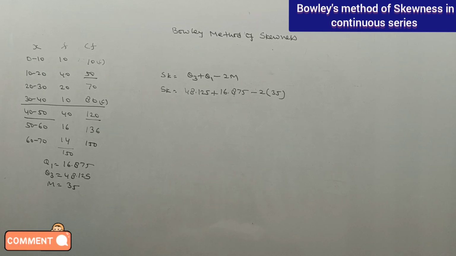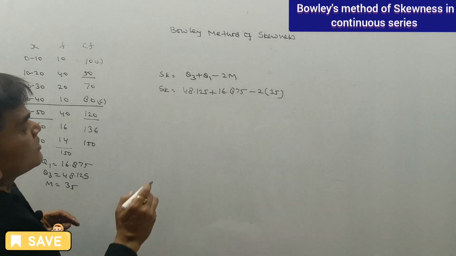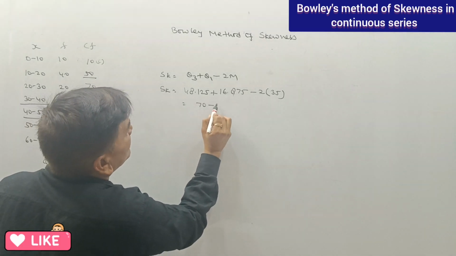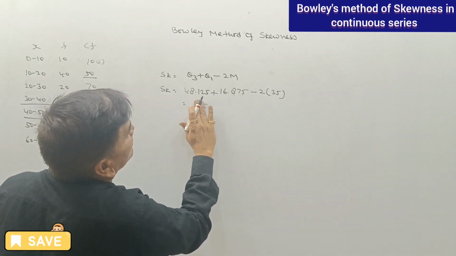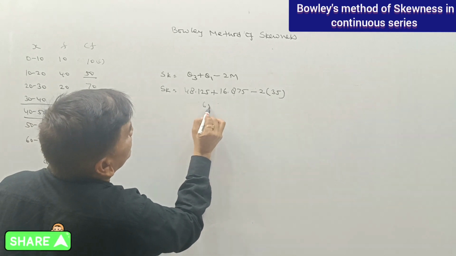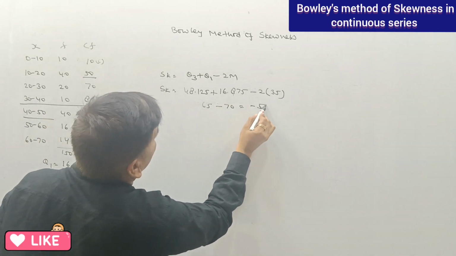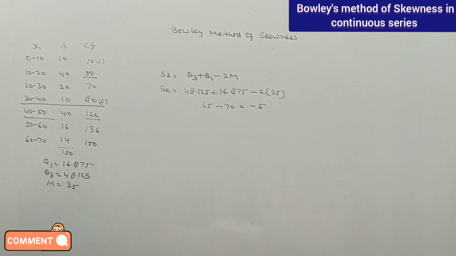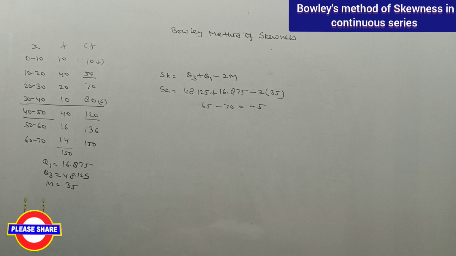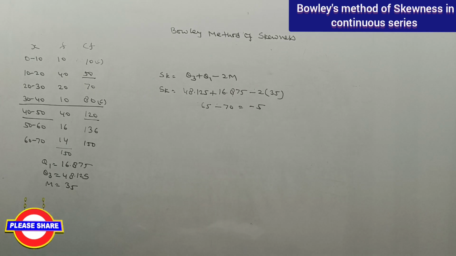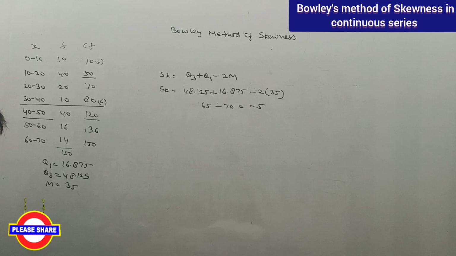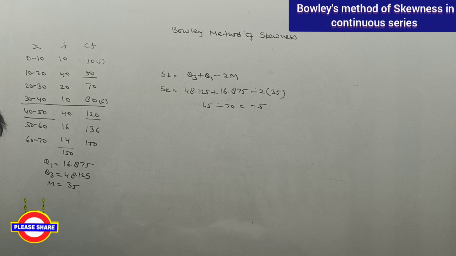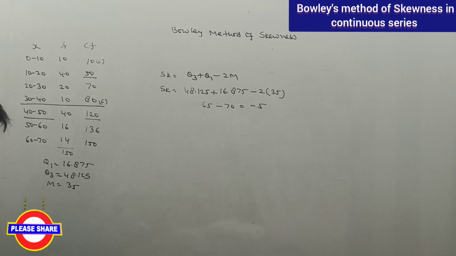So the result is minus 5, because 48.125 plus 16.875 is 65, and 65 minus 70 is minus 5.